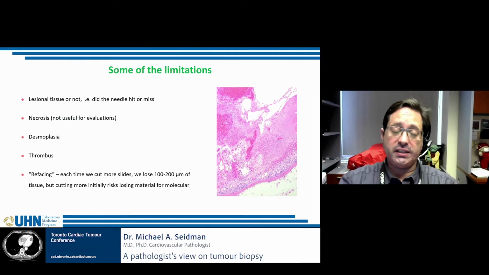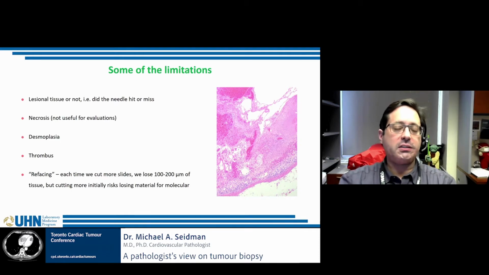Modern imaging is obviously infinitely superior to in the past, but it's still possible to catch a cystic portion of it, to miss the tumor cells and capture the material around it, et cetera. So in particular, tumor necrosis and surrounding tissue necrosis can appear mass-like, but is not useful at all for evaluation. Desmoplastic fibrosis surrounding a tumor, again, is not diagnostic. It'll be the reactive process and not actually sample the tumor itself. And thrombus, particularly in the context of cardiovascular lesions, is a major limitation.